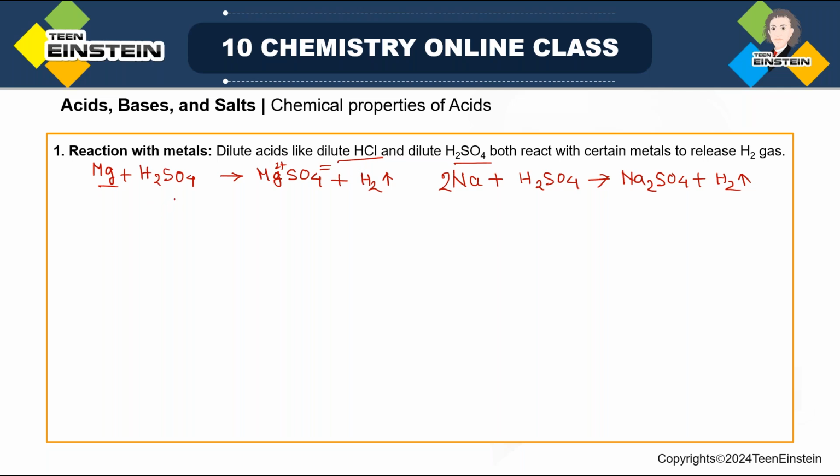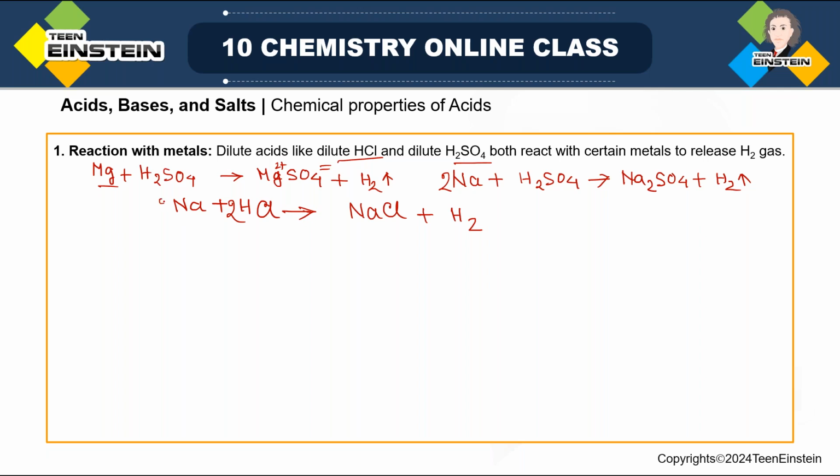So another acid, that is HCl, we will now see. Sorry, here it will be 2HCl. So there will be formation of sodium chloride and hydrogen gas, because 2H plus is replaced here.